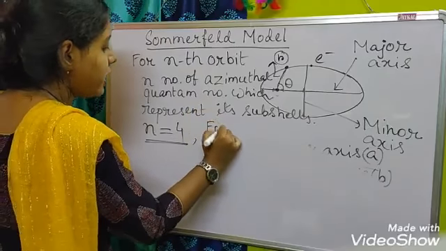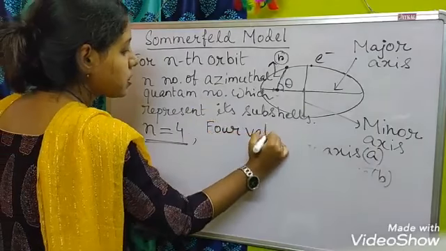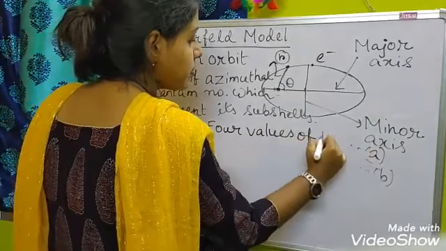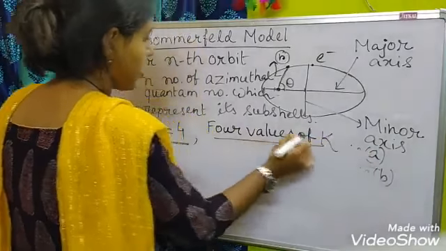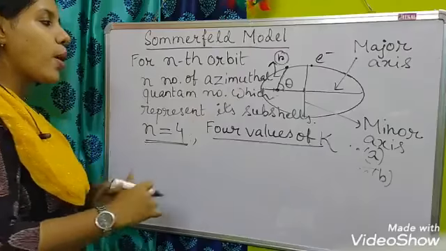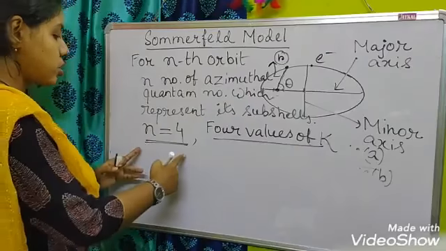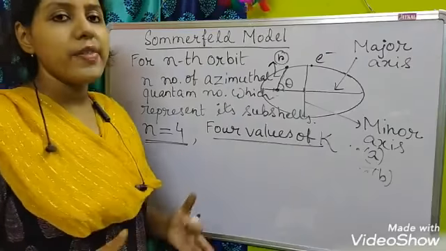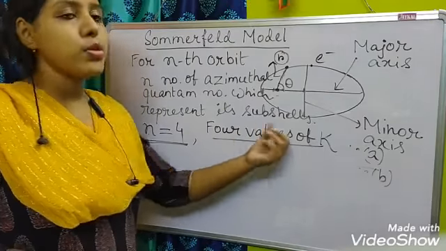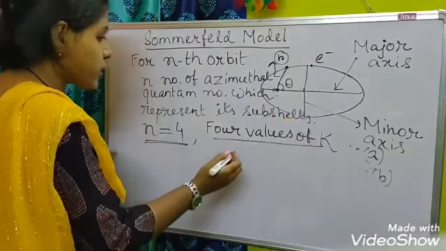So here we are getting 4 values of k, because we have learned that n number of azimuthal quantum numbers we will get here. So when the value of n is 4, then there will be 4 values of k. So what are the values of k?